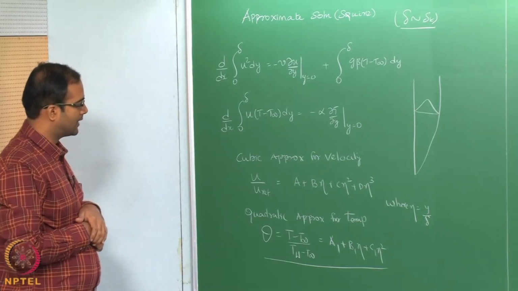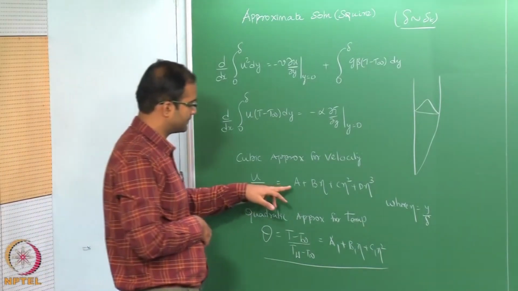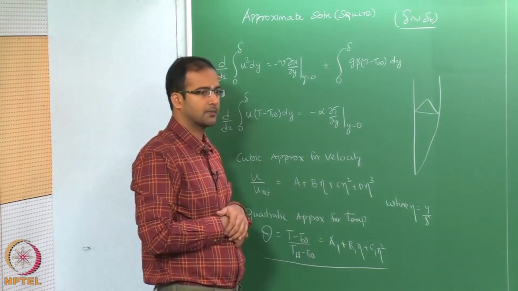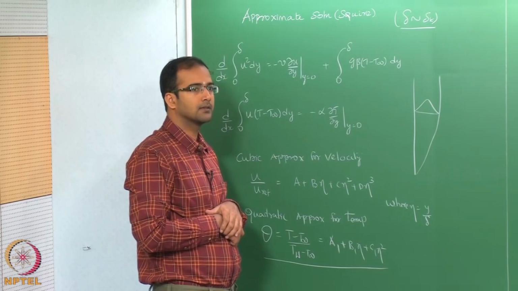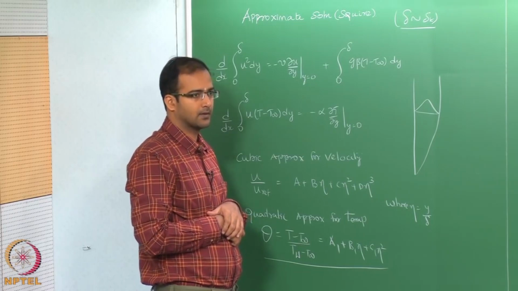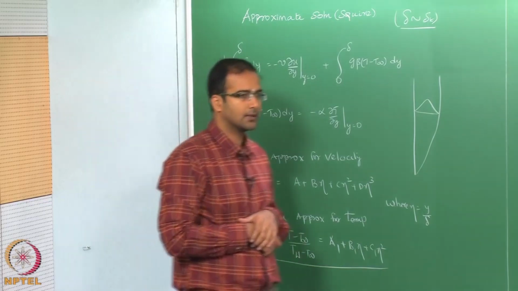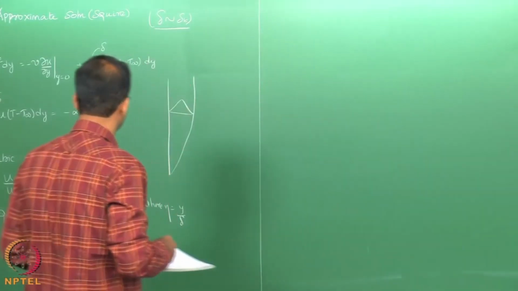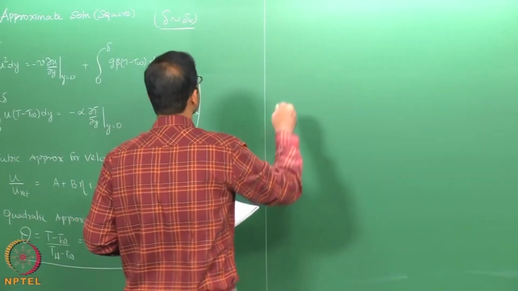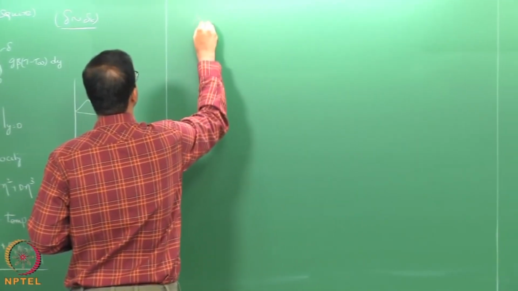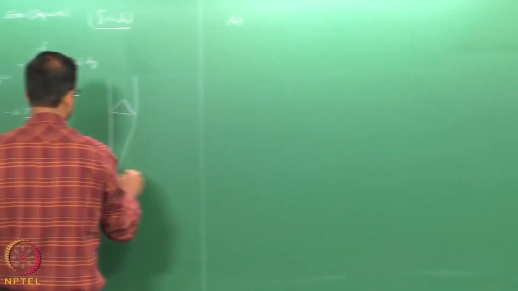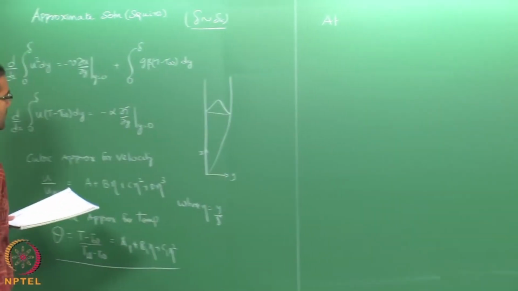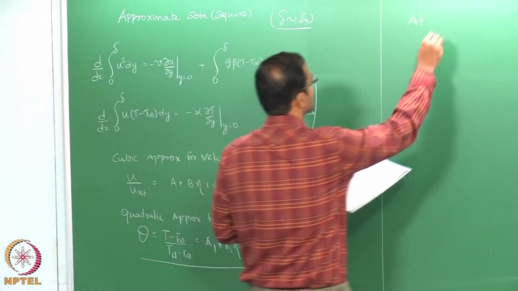Now, in order to find these coefficients, we have 4 coefficients in the velocity profile and 3 in the temperature profile. We have to write down suitable boundary conditions for them. So, let us list down all the boundary conditions in terms of velocity and temperature. So, this is your y and this is your x. y equal to 0 is nothing but eta equal to 0.